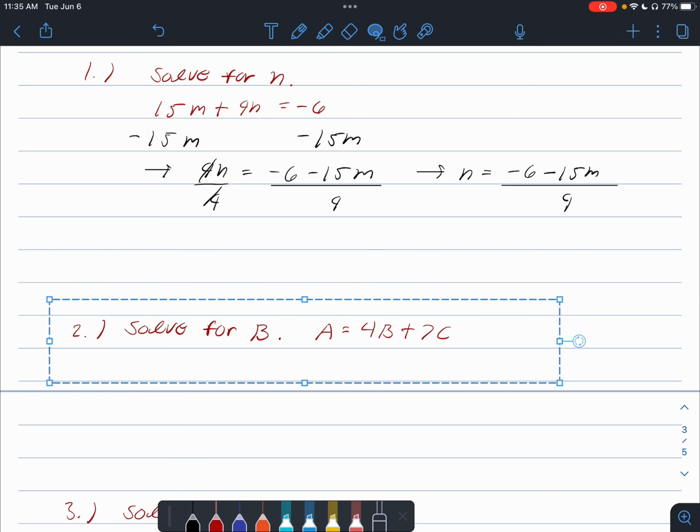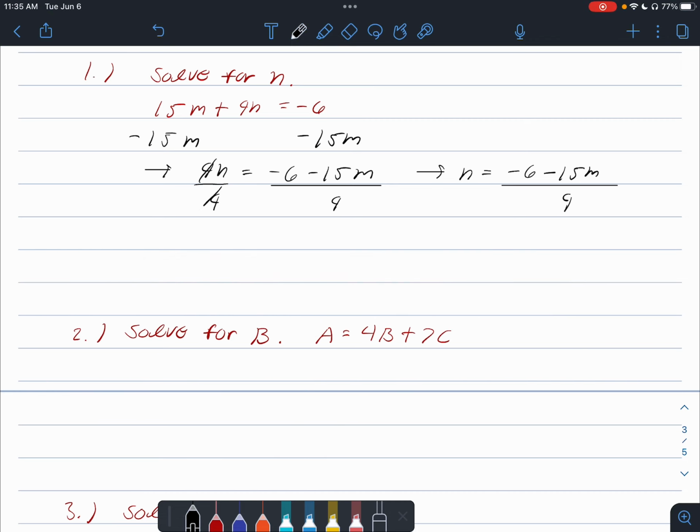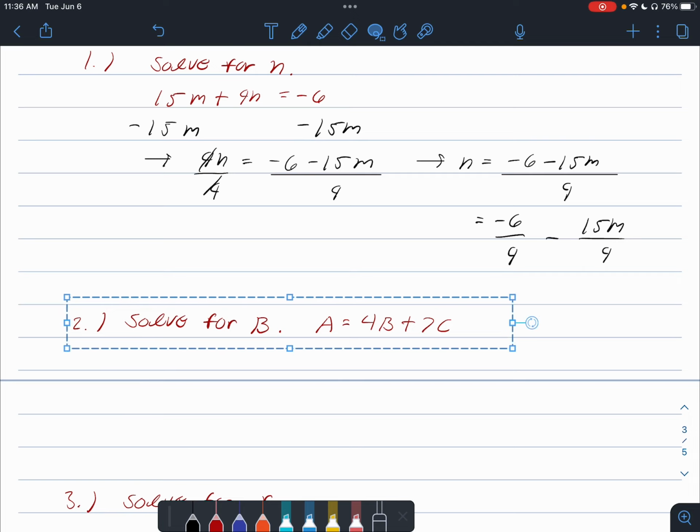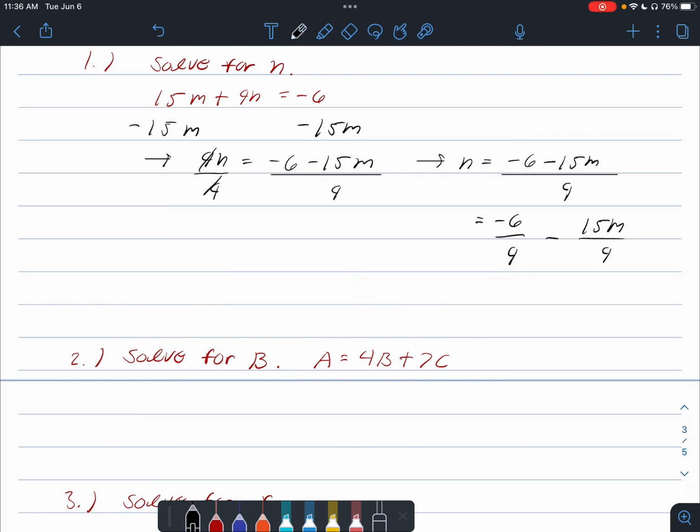Okay, let's move this down a little bit. So here, what we can do now, if we want, is separate this into two fractions. So this is the same thing as -6 over 9 minus 15m over 9. And we can simplify this further. We can see that -6 over 9 is the same thing as -2/3.